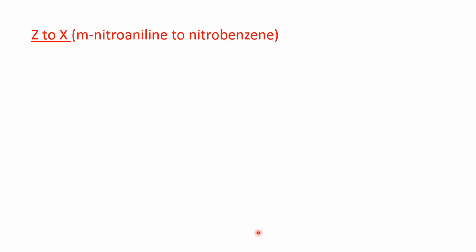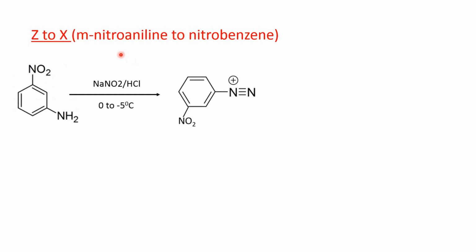Now coming to the next part of the riddle, that is the conversion of Z to X. That means Z is our meta-nitroaniline to X. X is nitrobenzene. So for meta-nitroaniline, what you have to do? You have to convert this amino group to diazonium cation.